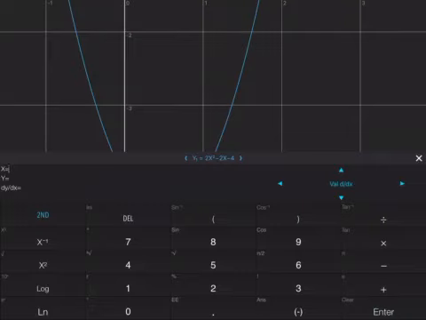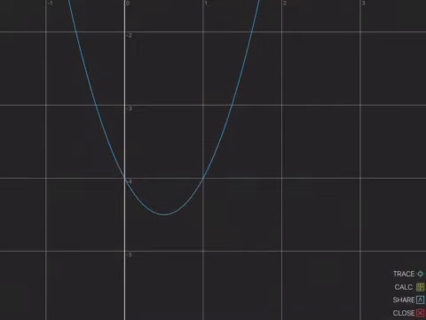I don't actually know how to find it. But on your actual calculators from school, you can press calculate and calculate the minimum value. And that will tell you it's -4.5.